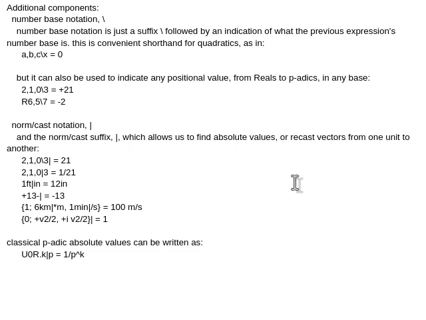So you're no longer able to do things like add or subtract with that value. There's really no point in surrounding it, because you can't do anything with it at that point. It needs to be cast to something else after you do that to it. So use this as a suffix. And this allows us to find absolute values or recast vectors from one unit to another.